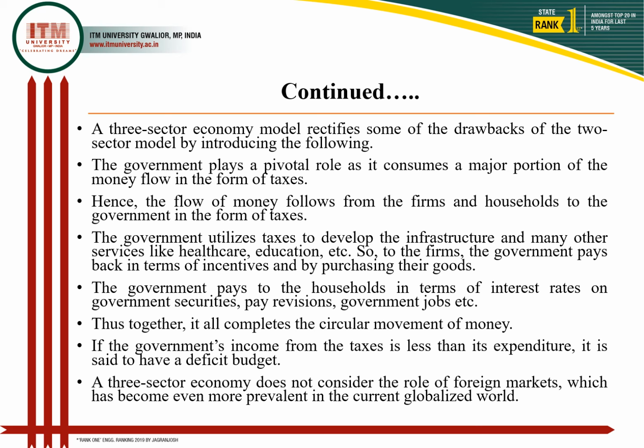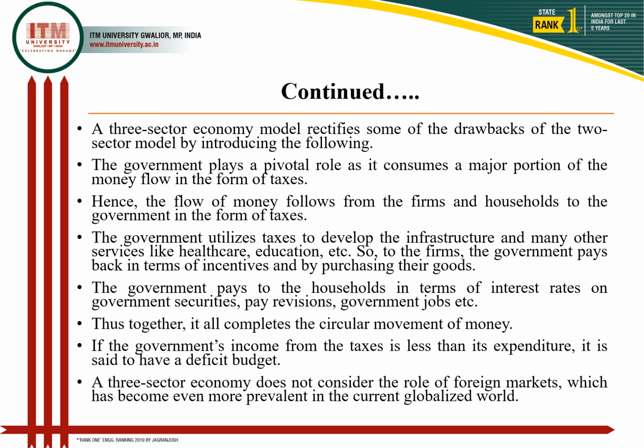In case the government income from taxes and other sources is less than its expenditure, then it is generally the condition of a deficit budget, and this is the most common mechanism that exists in any economy.